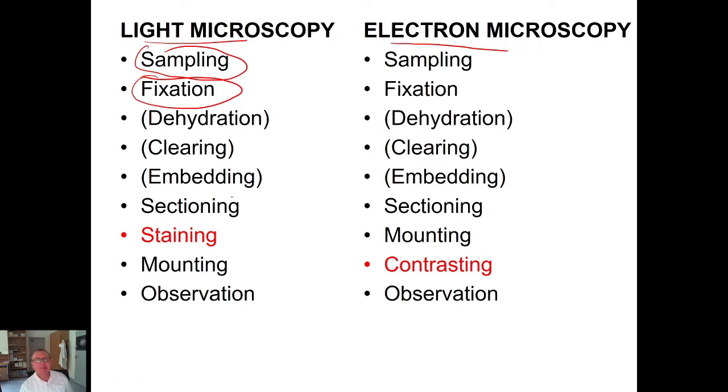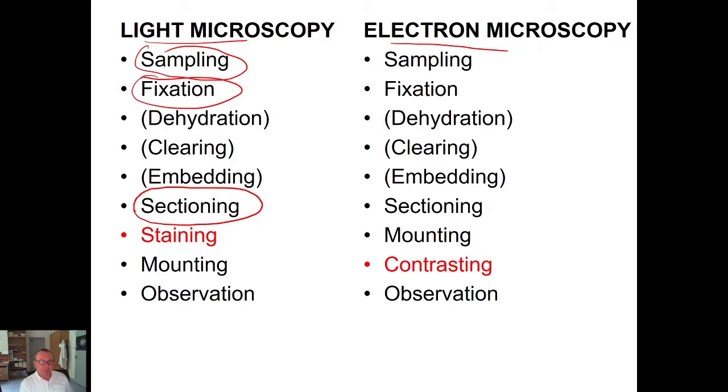and embedding. Necessary for transmission light and electron microscopy is sectioning, because both these techniques are based on the transmission of light or an electron beam through a very thin specimen. The slide has to be very thin.